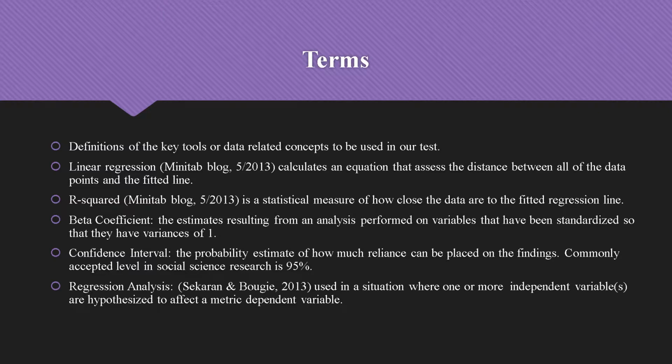Confidence level. The confidence level is a probability estimate of how much reliance can be placed on the findings. Our commonly accepted level in social science research is 95%. Regression analysis is used in a situation where one or more independent variables are hypothesized to affect a dependent variable.